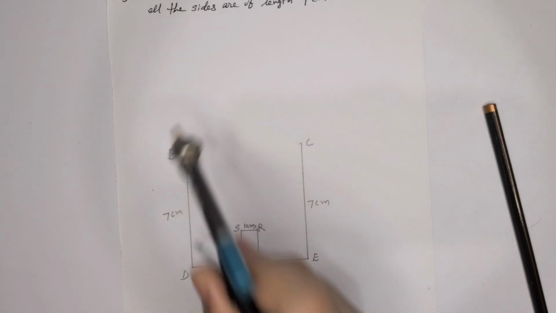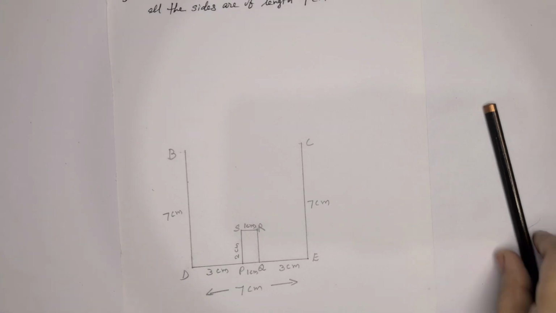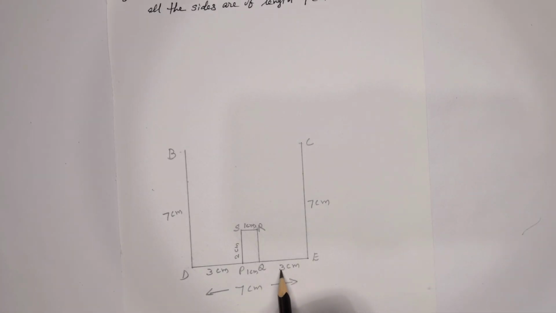All 3 sides with 7 centimeter. So we can split that: from E 3 centimeter, mark that as Q. From D 3 centimeter, mark that as P. So 3 plus 3 is 6 and plus 1 centimeter, total 7 centimeter that side. And from here PS is equal to 2 centimeter. Join. So you will get this part.